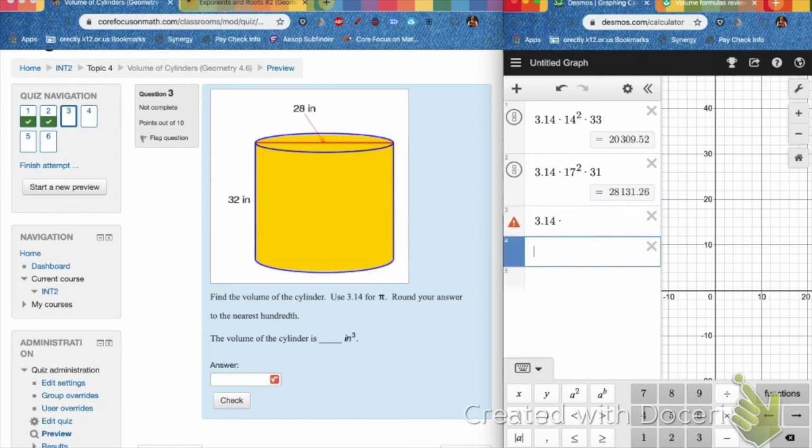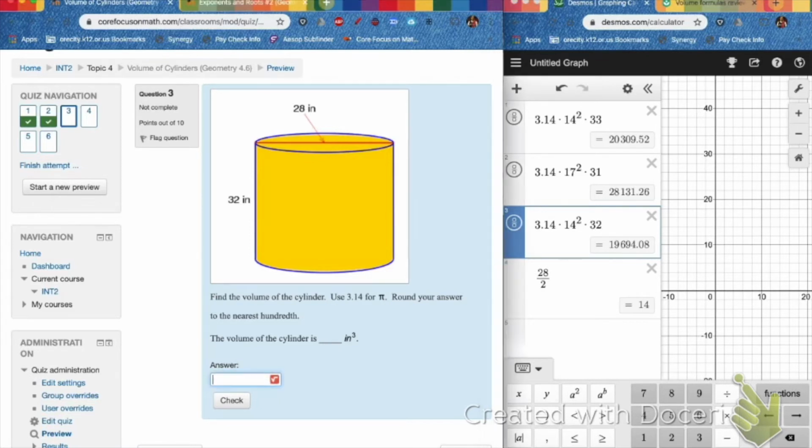So if you need to do that separately, you can. But then I still square it, and I still multiply it times the height. If you use diameter instead of radius, you will get it wrong. And then you will have to rewatch this video until you figure out, oh, that's right, that's what Dylan meant there.